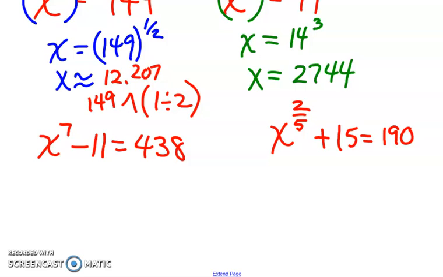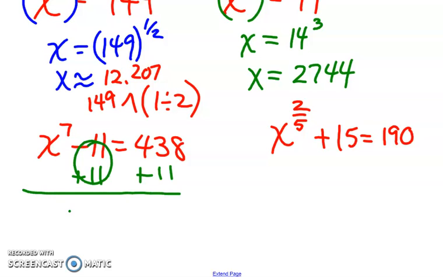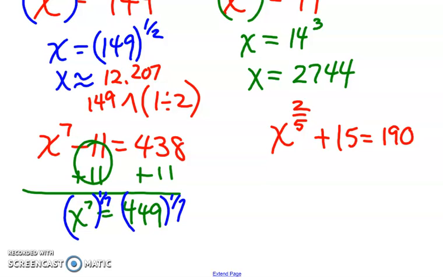In the next problem, again, if you haven't completed it, go ahead and turn the video off. But if you're finished with it, in this problem here, you need to get rid of the subtraction of 11 first by creating a value of 0. So we're going to add 11 to both sides, which gives x to the 7th equals 449. To get an exponent of 1, we need to multiply the 7 by 1/7.